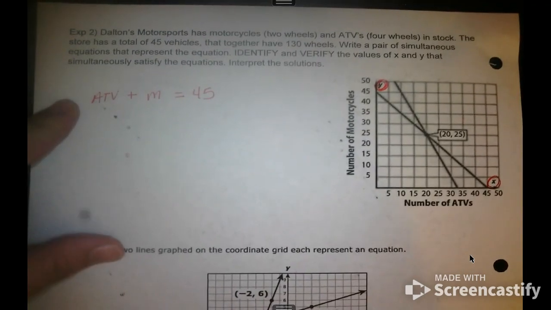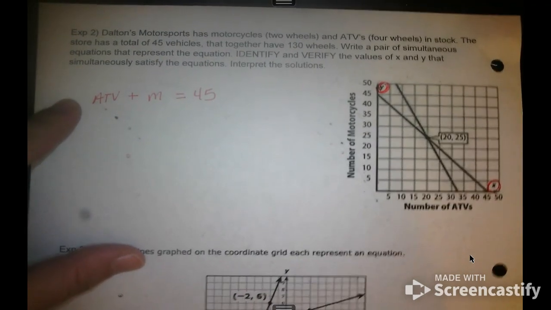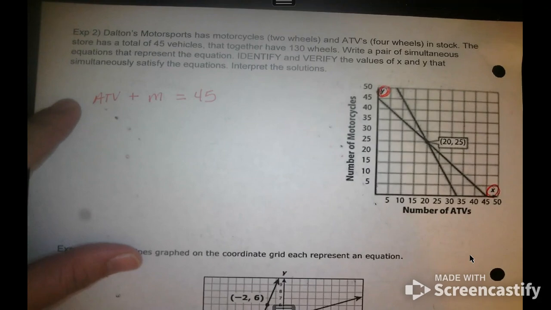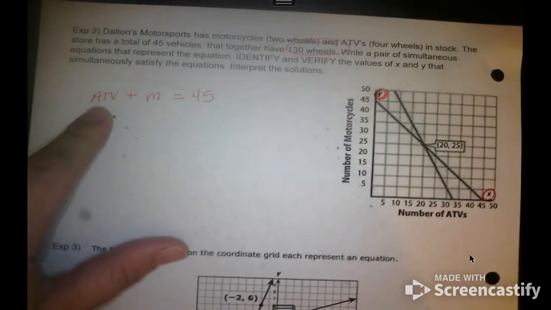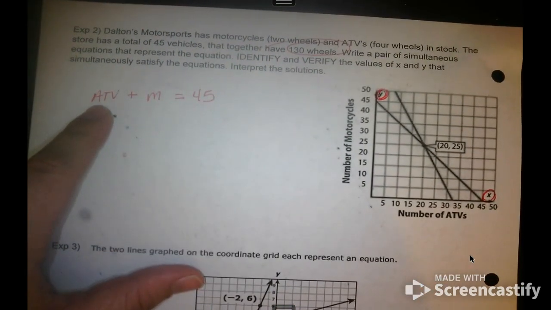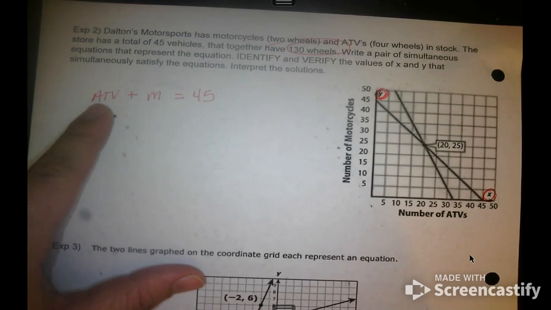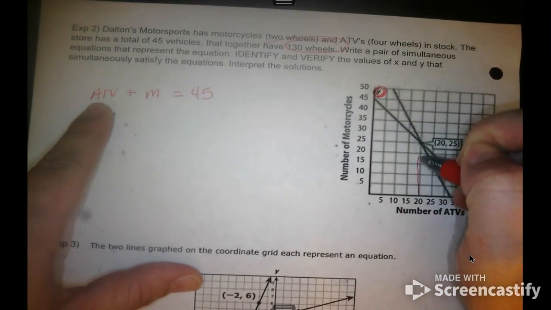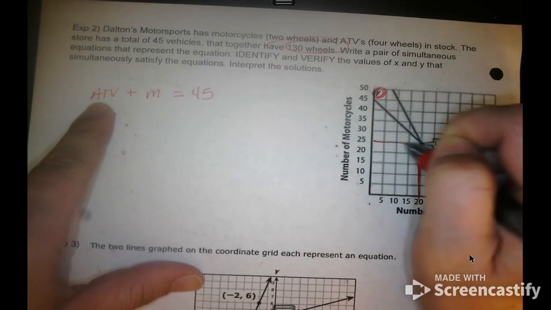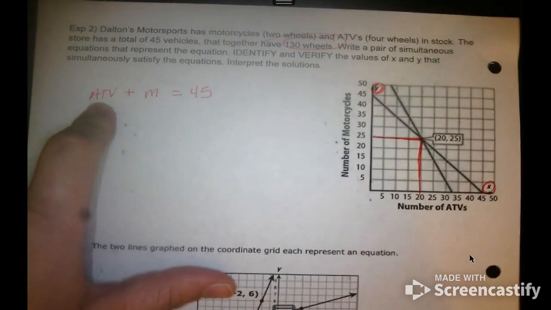Okay. Now, this says write a pair of equations that can represent the situation. Identify and verify the values. We just need to write an equation that shows how many. It says there are 130 wheels together, right? Do I have where it meets? 20, 25.